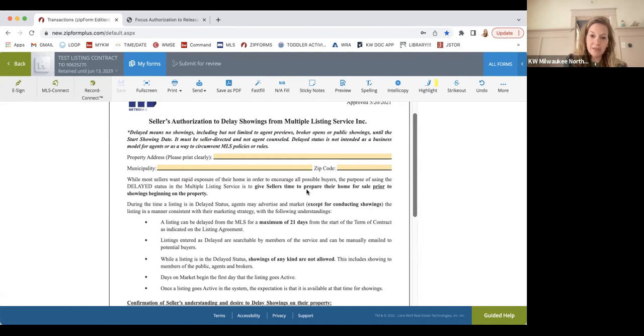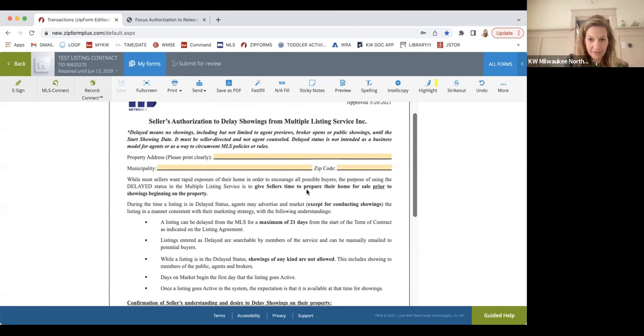But it also protects us because we have the home under contract, and it allows us to market it to other brokerages, to our own brokers within our own brokerage, of course, and to other buyers.